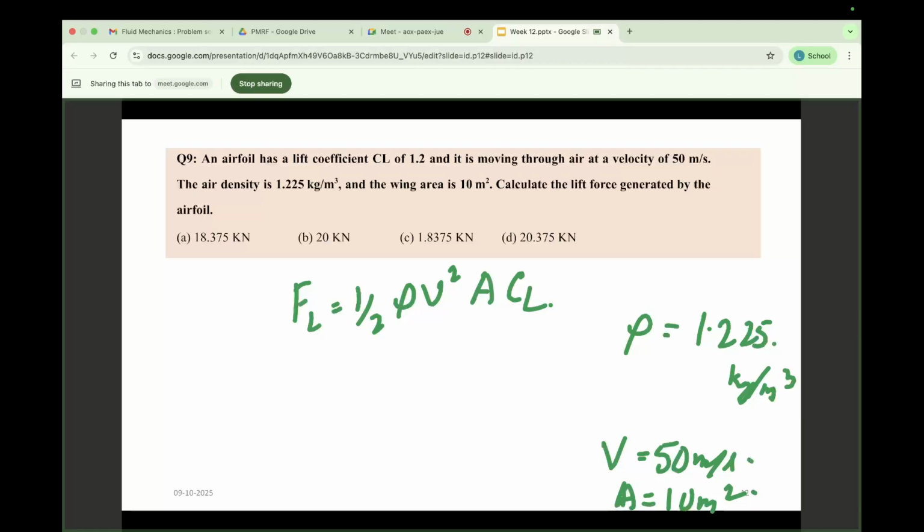So now if you put all these things, you will get the answer as 18375 Newton, which is 18.375 kilonewton. So option A is the correct answer. You got me?